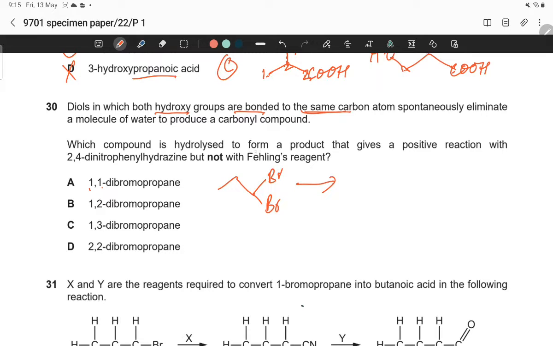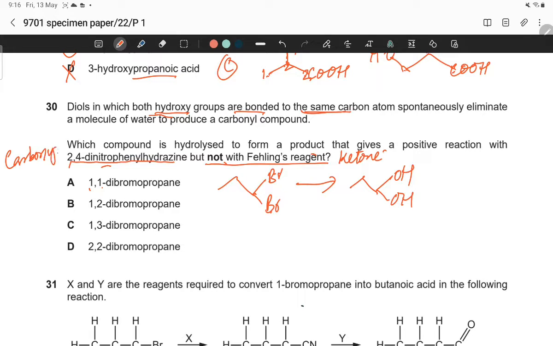Which compound is hydrolysed to form a product that gives a positive reaction with 2,4-dinitrophenylhydrazine but not with Fehling's solution? Diols, in which this is OH and OH on the same carbon atom. It should not react with Fehling's solution, so it should be a ketone, and 2,4-DNPH reacts with carbonyl compounds.